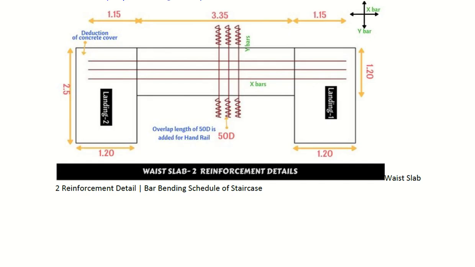Now tell me this. What happened to this side? It's without reinforcement. I keep it without reinforcement. 2.5 minus this part. For the Y direction, I took total length, right? 2.5 total from top to bottom.